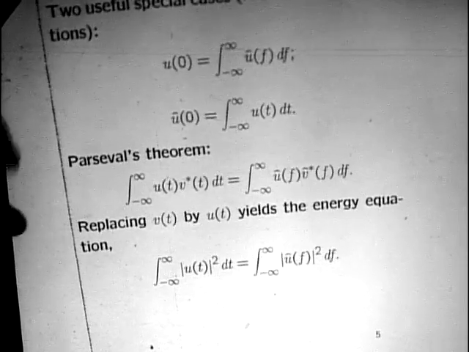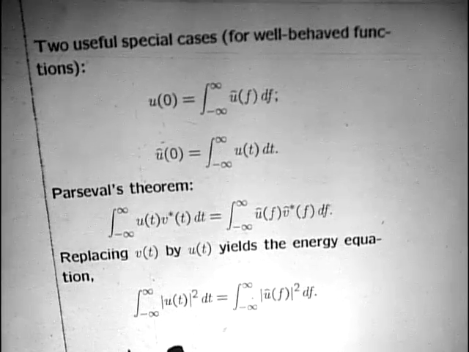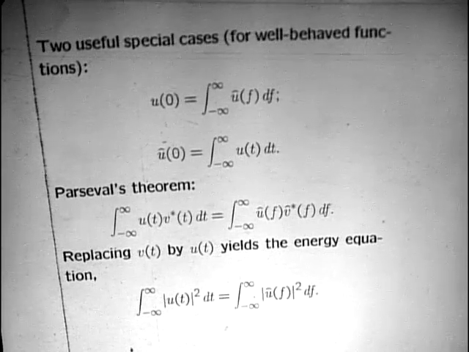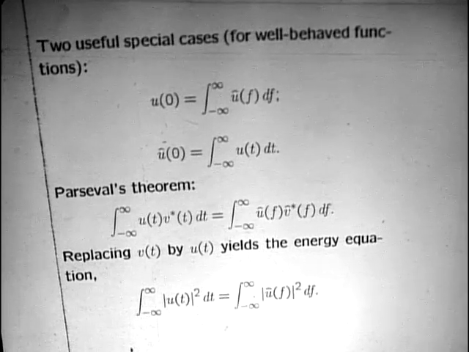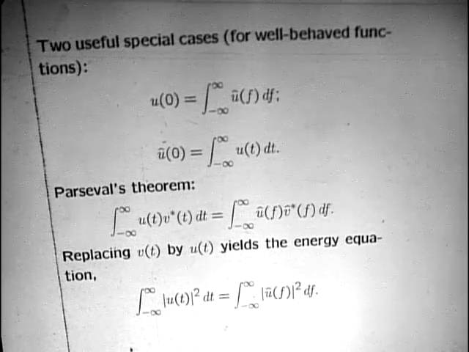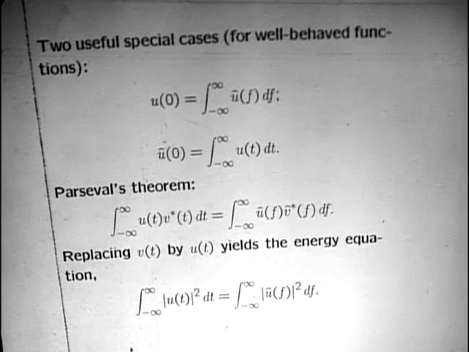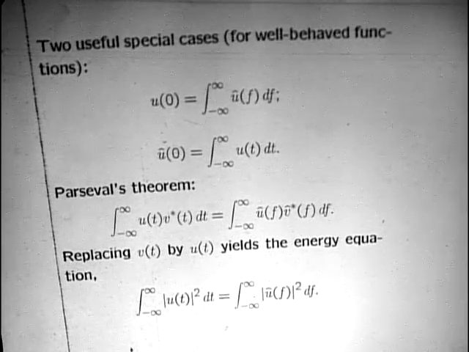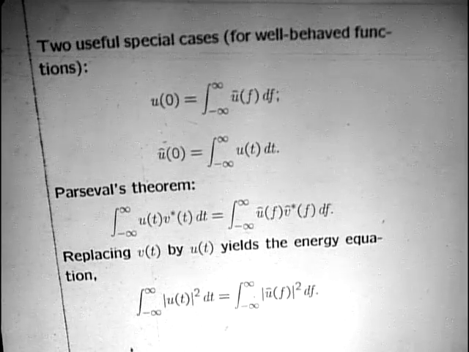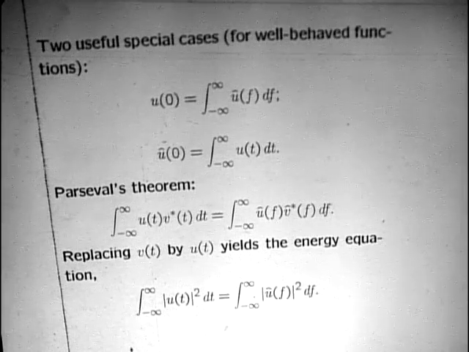It says the integral in a function, you can find it two ways, either by looking at it in time or by looking at it in frequency. I urge you to always think about doing this whenever you're working problems, because often the Fourier integral is very easy to find, and the time function integral is very difficult. A good example of this is sinc functions and rectangular functions.